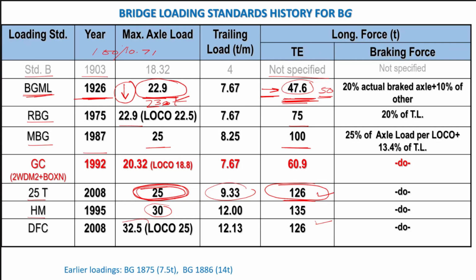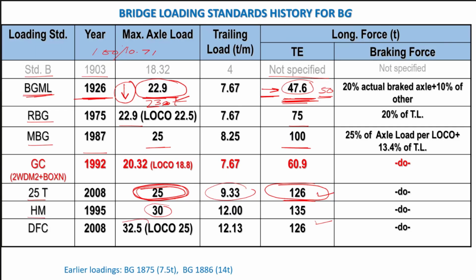Longitudinal force has two components: tractive effort and braking force. Definitely, tractive force is governing. I will show you in a further slide. The tractive force is governing up to 50, 60 meter. Beyond that, the braking force is governing.